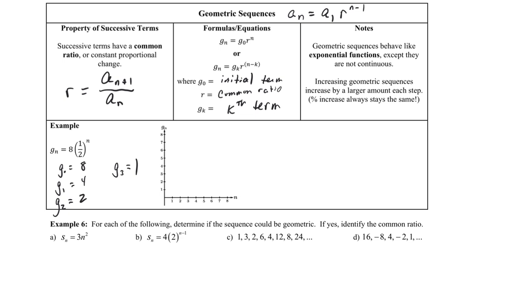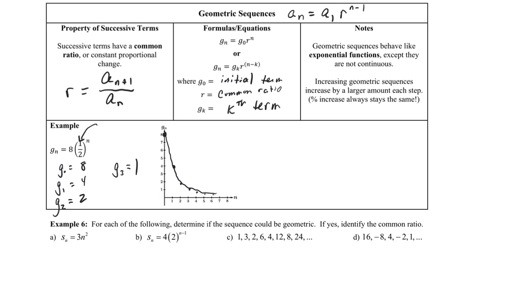We got 0, 8, right? 1, 4, 2, 2, 3, 1, and so this is what it looks like. If you remember from last year, that is like a decay model, and we knew it was going to be decay because our ratio is less than 1.